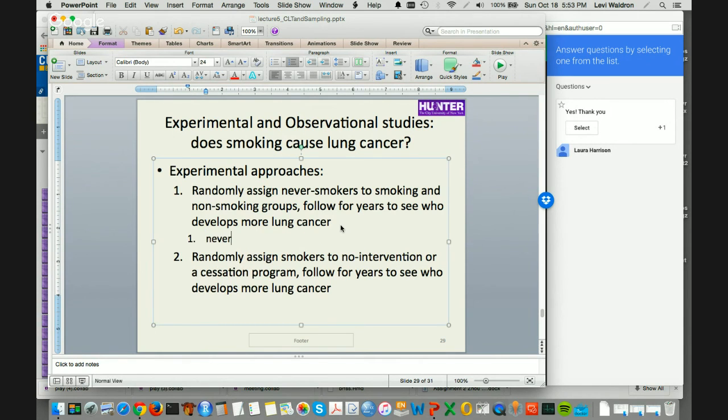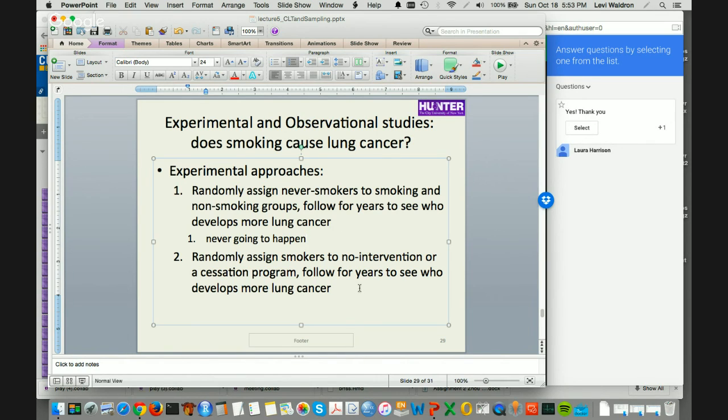That one is never going to happen. It would not be ethical to assign people to a group where you have them do something that you suspect is bad for their health. It's not going to happen.